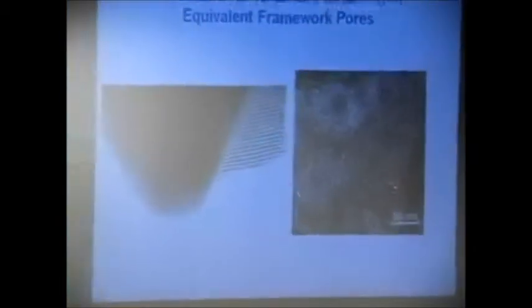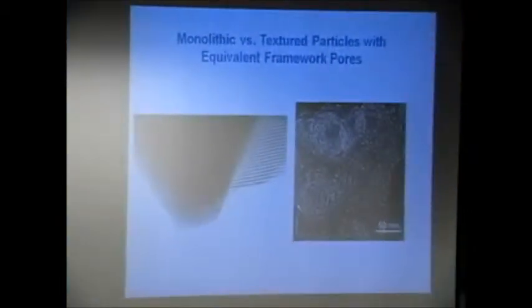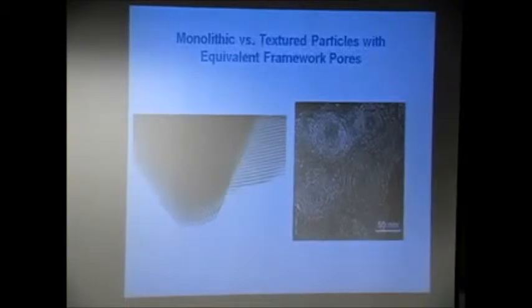So that was one example of such an advantage. And these are the comparison. This was the MCM41 catalyst, and this was the MSU-G catalyst, where the diffusion length was decided by the very short path length of the mesopores.